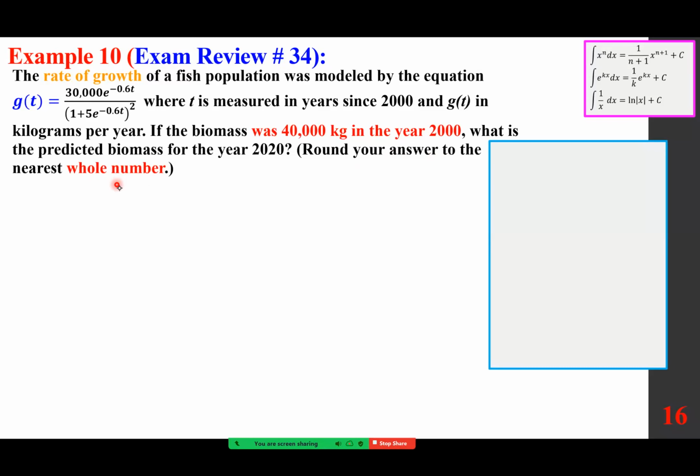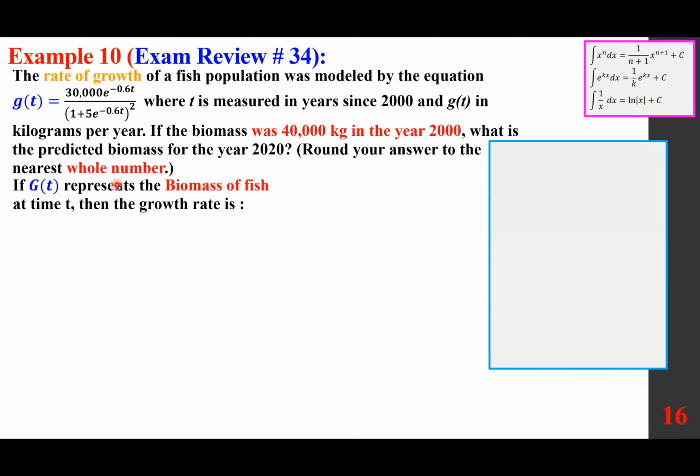So let's explain the situation. First and foremost, we are dealing with a capital G of t that represents the biomass of fish at time t. Then this is the growth rate. That means it's the derivative of this function. So capital G prime of t, or lowercase g of t, is this.